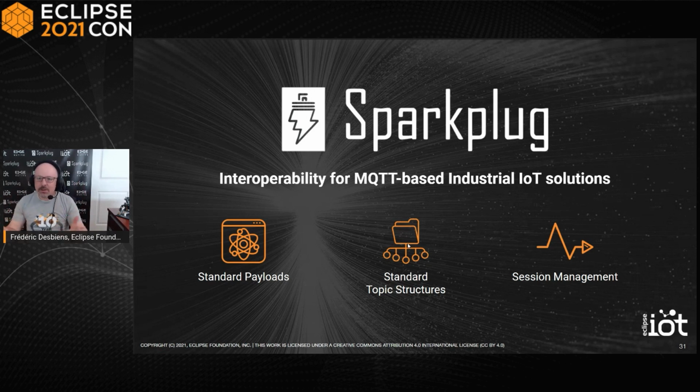So Sparkplug is trying to solve that by essentially defining standard payloads, standard topic structures, and stateful session management on top of MQTT. And that's an open source specification that lives at the Eclipse Foundation, like the Jakarta EE specs. And obviously anyone can contribute to that.